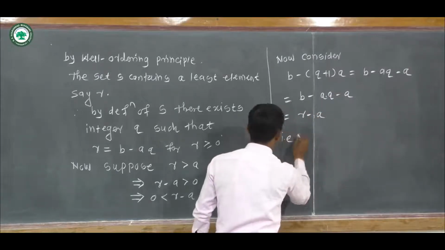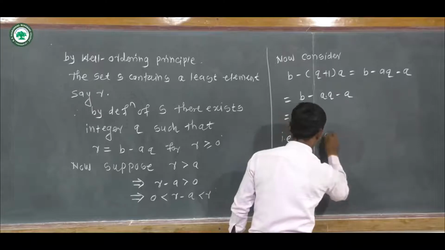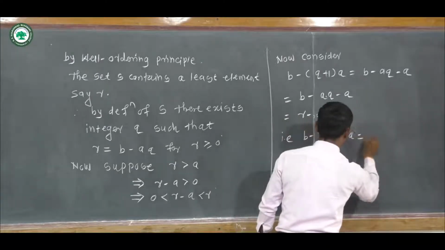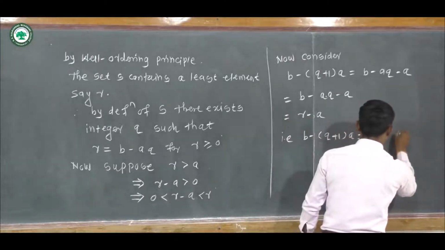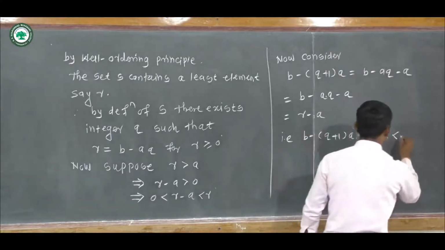That is, b minus (q plus 1) times a is equal to r minus a, which is less than r.